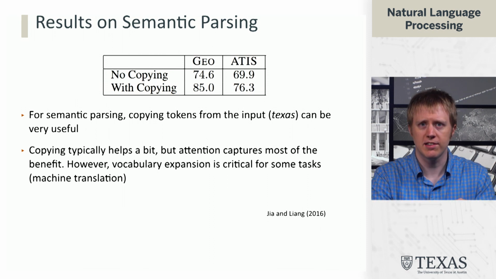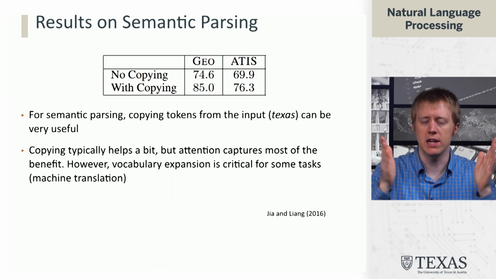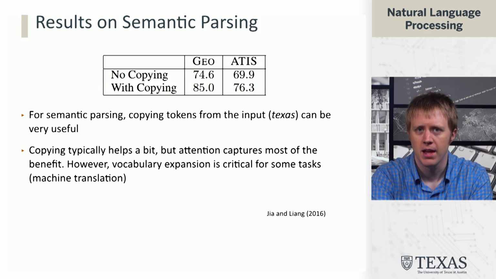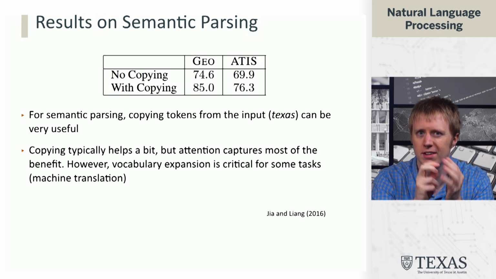What we're going to see is that there's actually a lot less emphasis these days on copy mechanisms. By breaking up words and turning a word like Pont de Buis into a series of smaller units, it turns out that we can do a pretty good job of predicting a sequence of those small units, even if it's a sequence we haven't seen before, just using the attention mechanism.